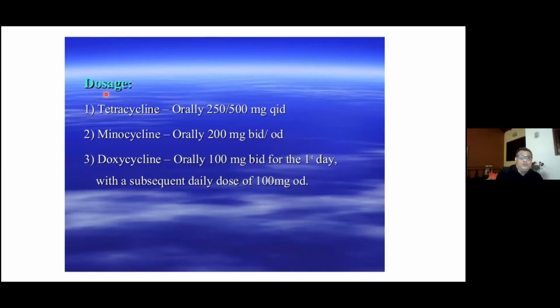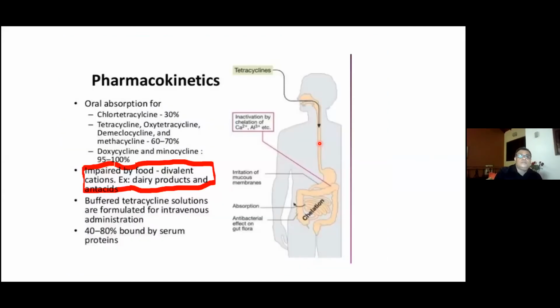Therefore, the dosage for tetracycline is 6 times a day because of its short-acting capacity. Minocycline and doxycycline can be given in a single dose or twice-a-day regimen. That is an advantage for patients who don't stick to the time schedule. Now pharmacokinetics.